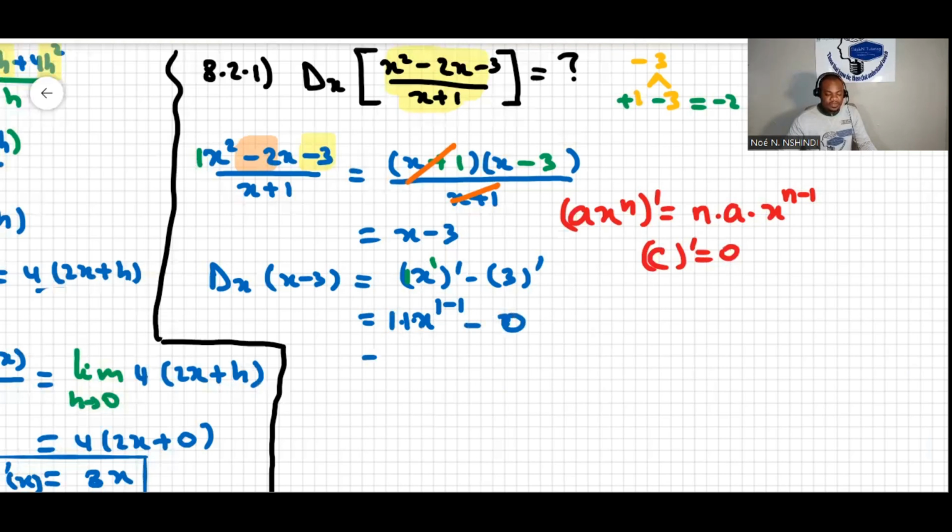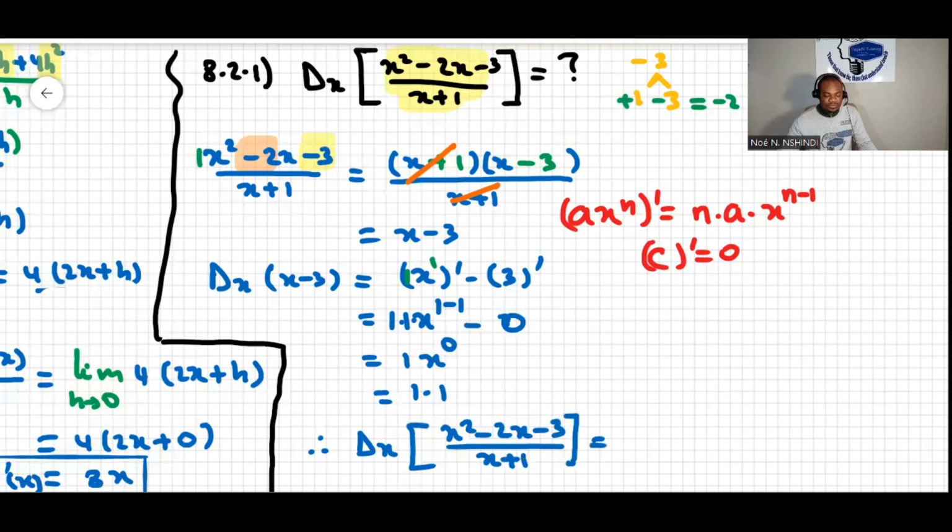Then over here we have 1 times x to the power of 0, and that is equal to 1, because any number raised to the power of 0 is 1. Therefore, the derivative with respect to x of (x squared minus 2x minus 3) all over (x plus 1) is just equal to 1, because 1 times 1 there is 1.